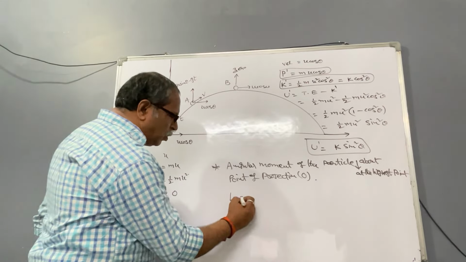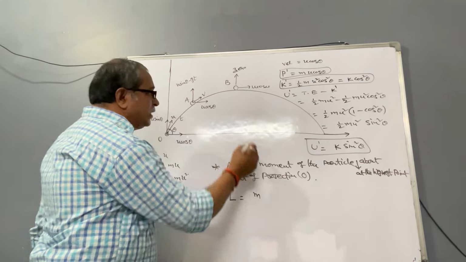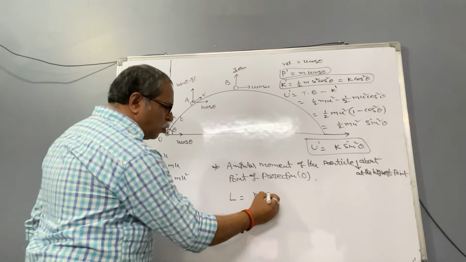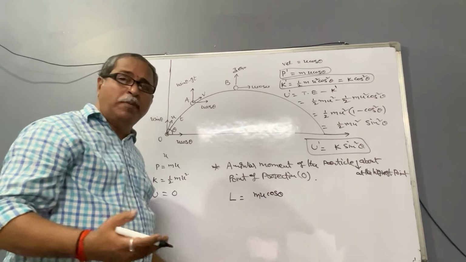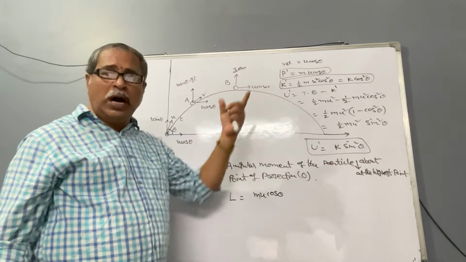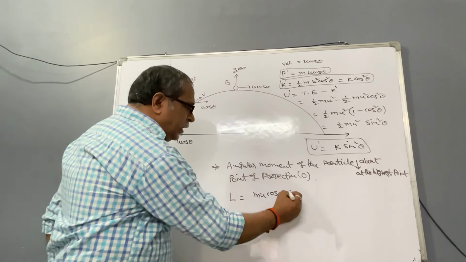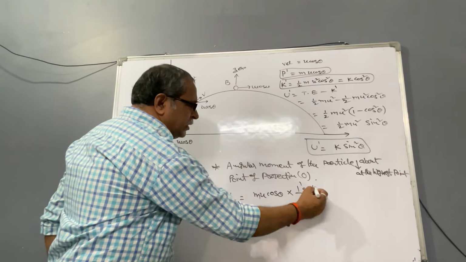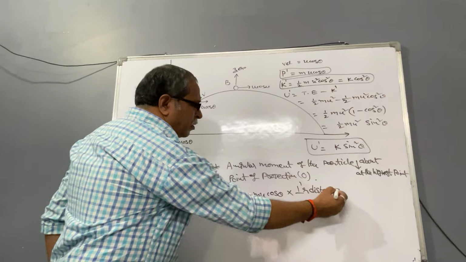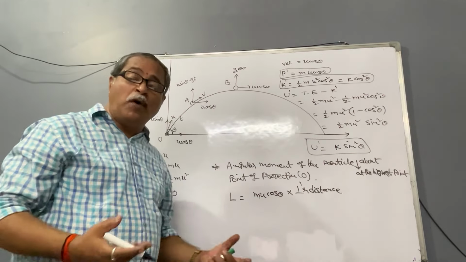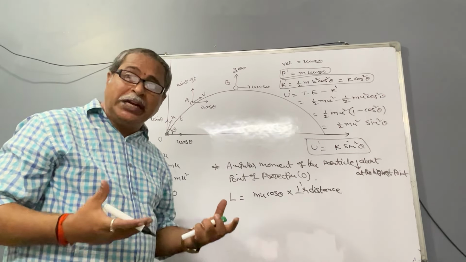Angular momentum equals linear momentum, that is, at the highest point, linear momentum is m u cos theta, into perpendicular distance. This is the definition. So the perpendicular distance with respect to the point of projection.